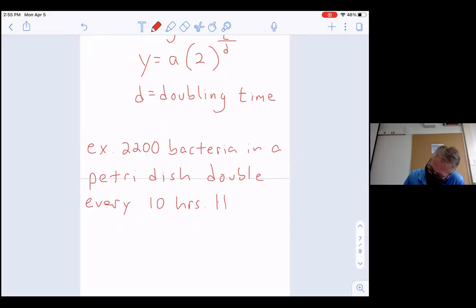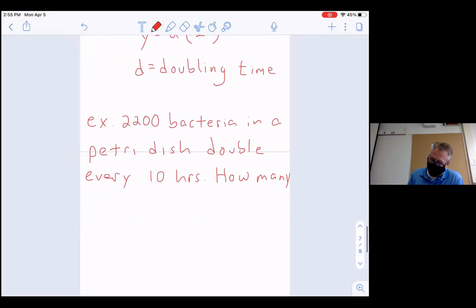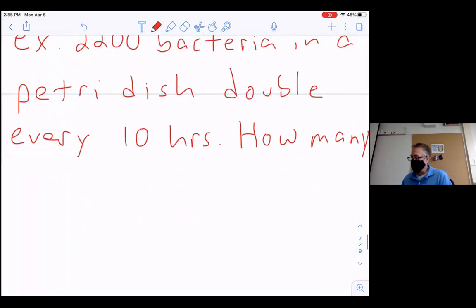How many bacteria are in the dish in 40 hours?